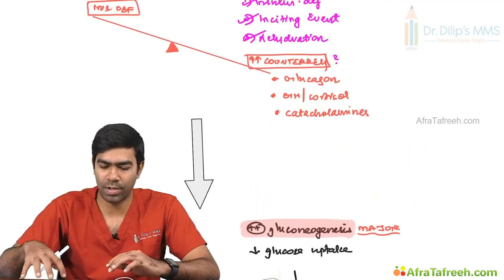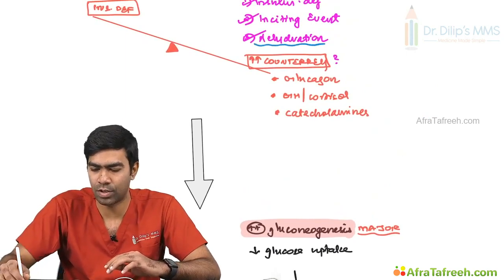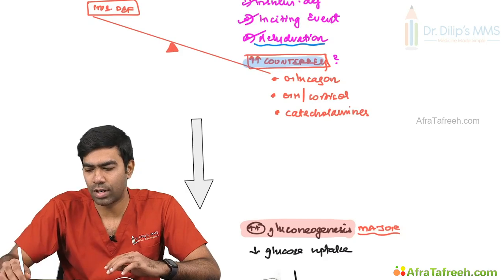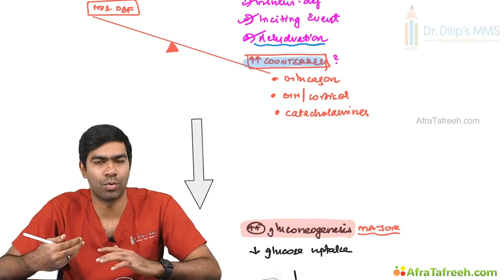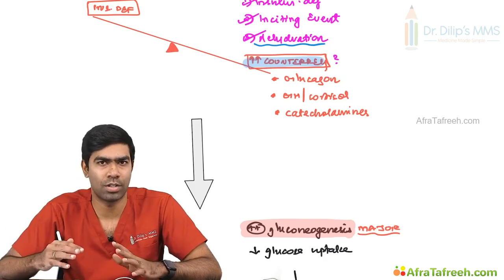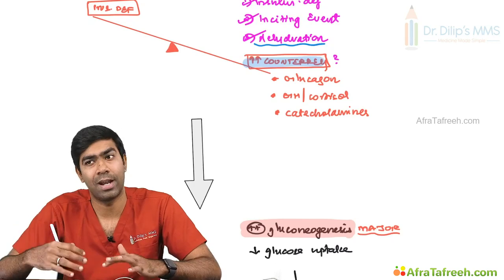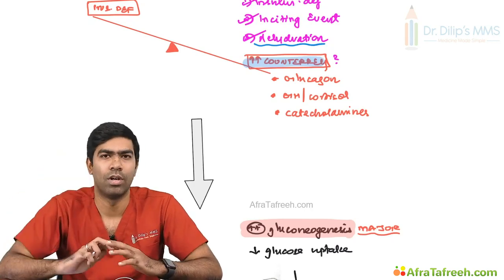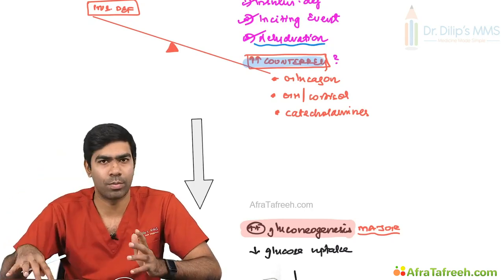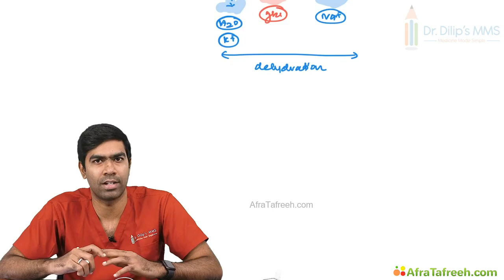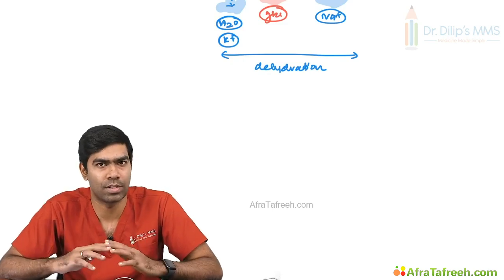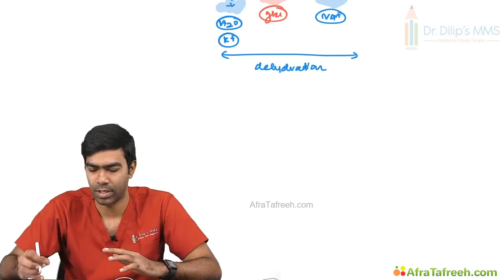And as I told you, hypovolemia is also one of the main reasons for the excess counter-regulatory hormones. And these excess counter-regulatory hormones, once again, are going to produce more gluconeogenesis, more glucose in the blood, more glycosuria, more dehydration, and subsequently more counter-regulatory hormones. So this is going to be a vicious cycle unless and until you stop this cycle by giving fluids and correcting the dehydration, and by giving insulin, of course, which is very important in the setting of DKA.